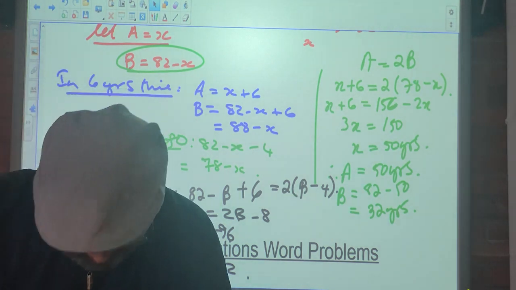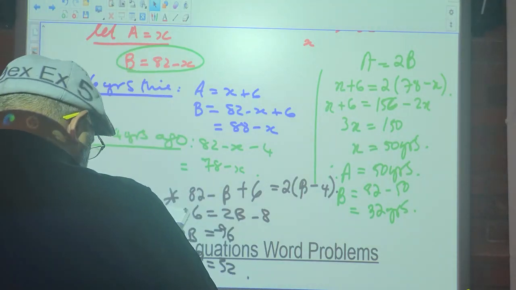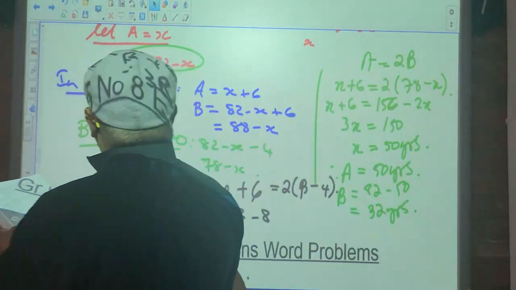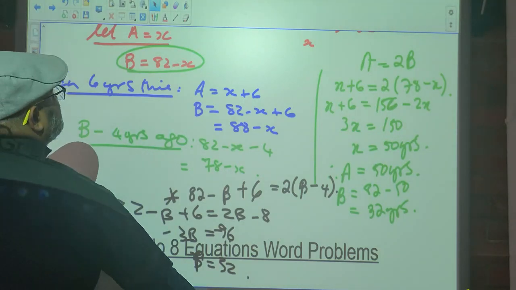Alright, let's see the method that they have set up. So they went with letting A equal X, which I did. B being 82 minus X, which I also have. They only worked out 6 years ago, so this is what they did.